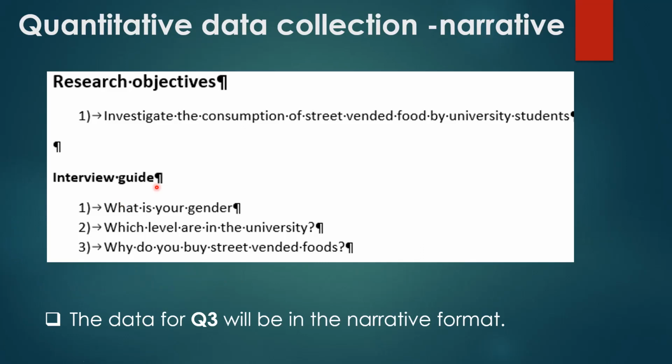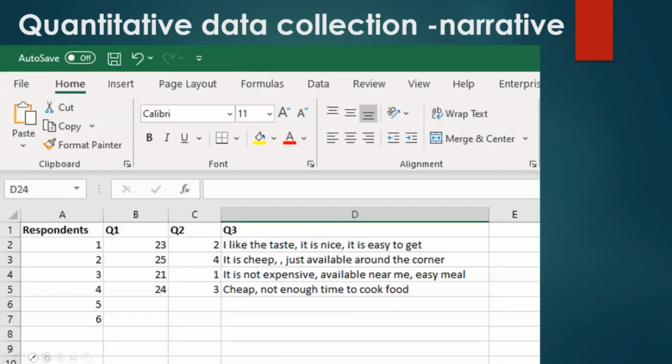What is your gender? Which level are you in the university? Why do you buy street vended food? People will say their own things in a narrative format. So the data for question 3 will be in a narrative format. That is qualitative data.